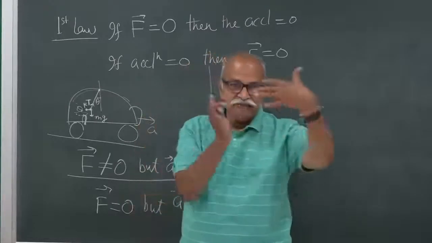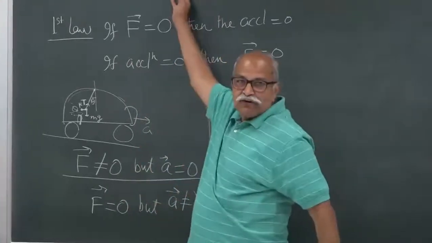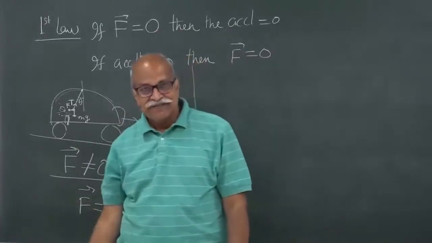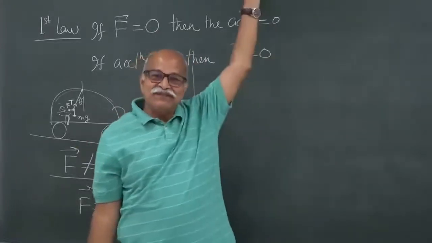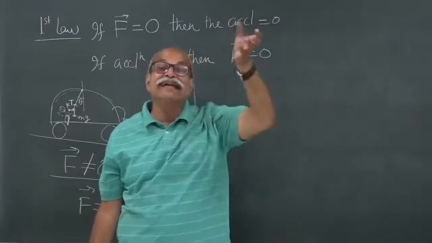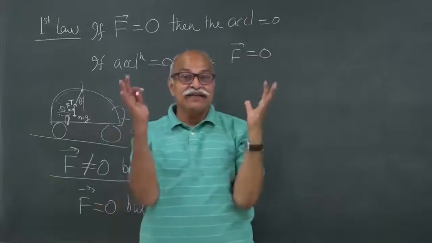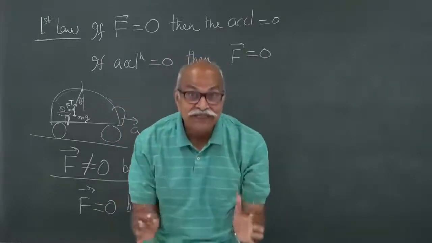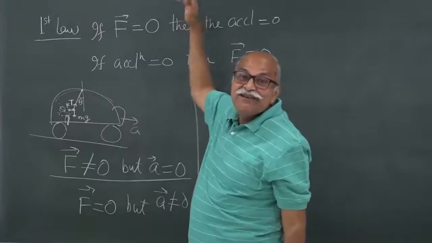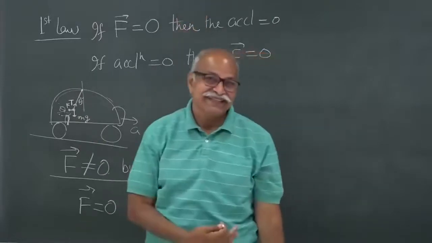For some frames of reference it holds, for some it does not. So, essentially what Newton's first law is doing, it is classifying that there are at least some frames in which this holds, and we call them inertial frames of reference.